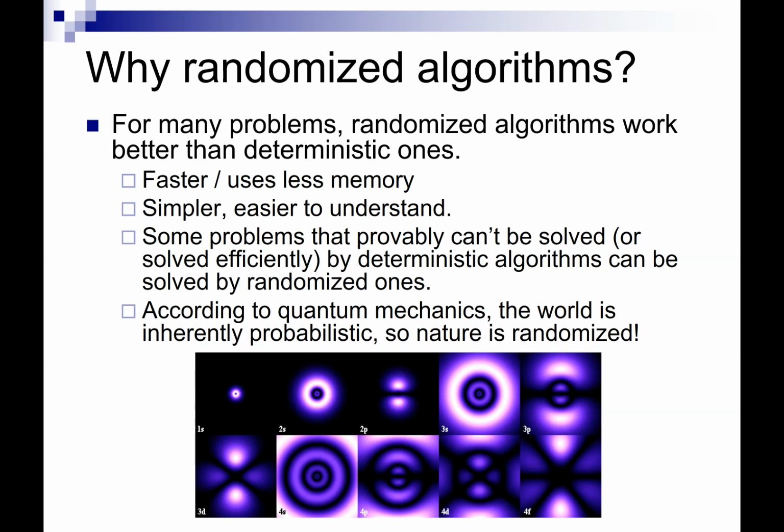We have no way of predicting exactly what they do. So in that sense, our universe is in fact random, and there are random choices being made in our universe. Therefore, if we want to solve problems which are relevant to our lives, it makes sense to consider randomized algorithms.